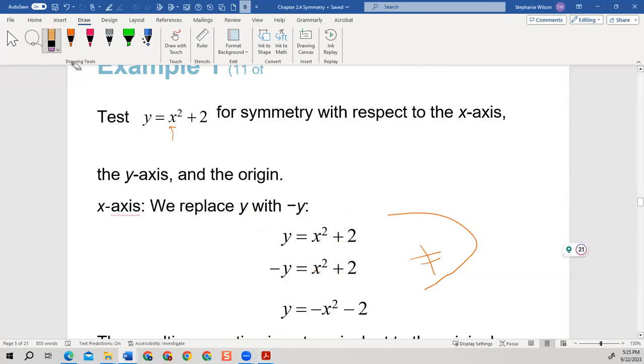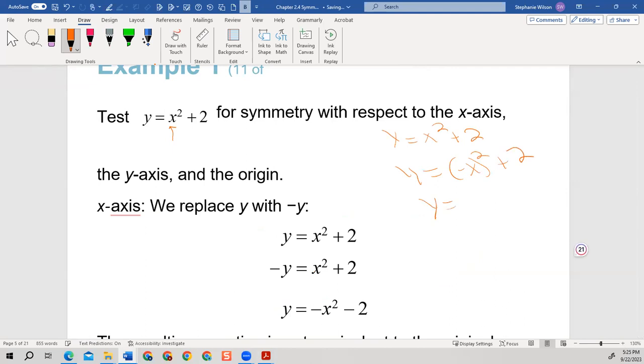If these two would have been equal, we would have said it's with respect to the x-axis. Now let's take our original again and put the negative just on the x squared. When I square that negative sign, I get a positive x squared plus 2. So now the resulting equation is equivalent to the original equation, so the graph is symmetric with respect to y.